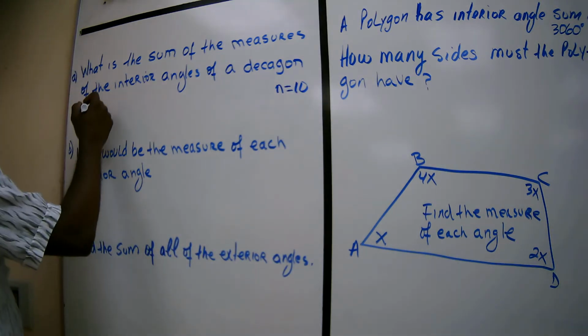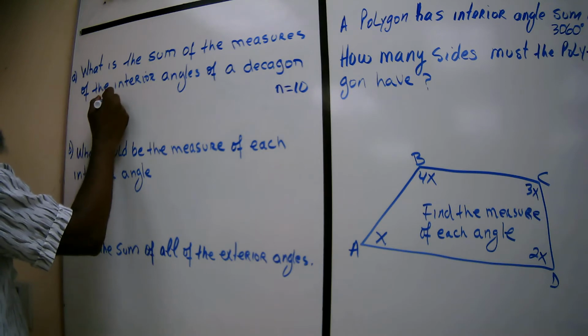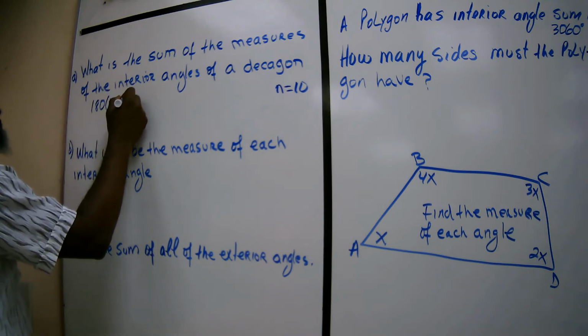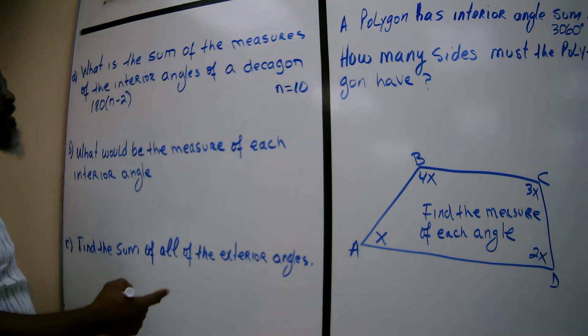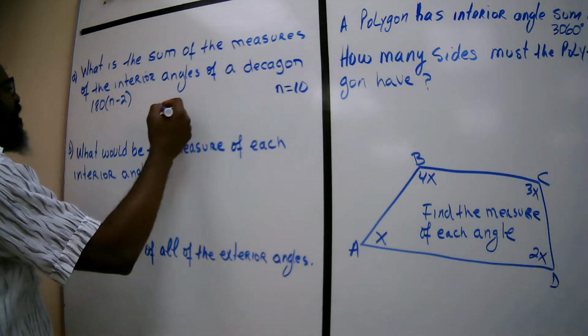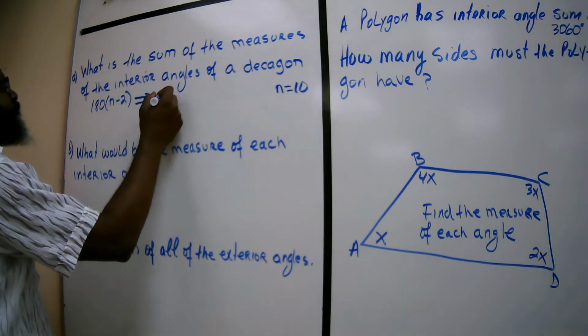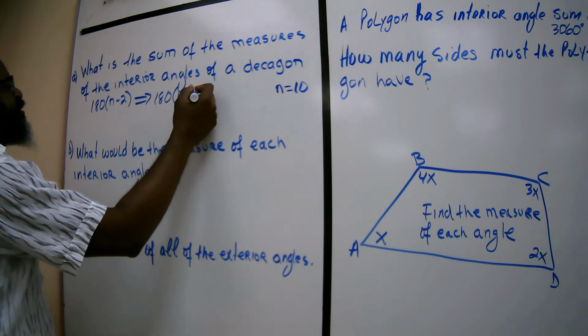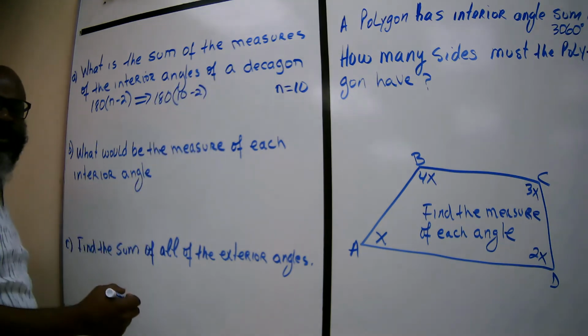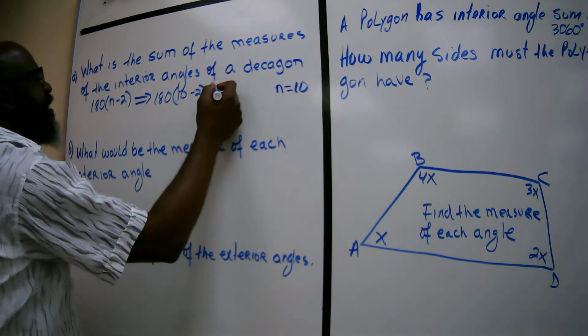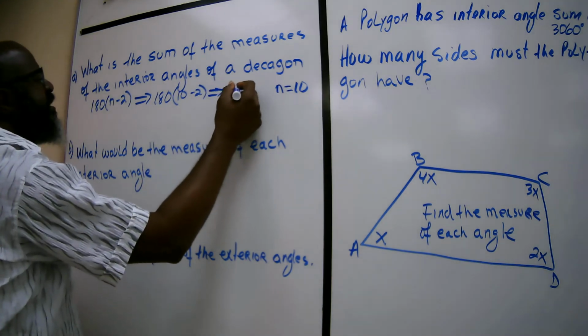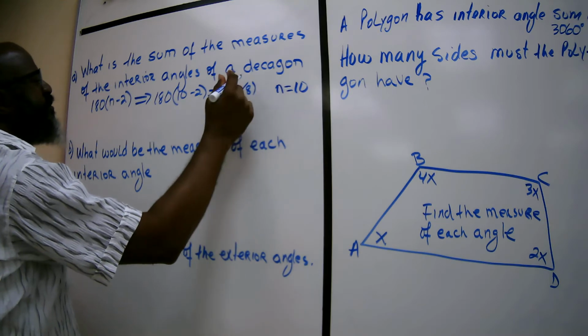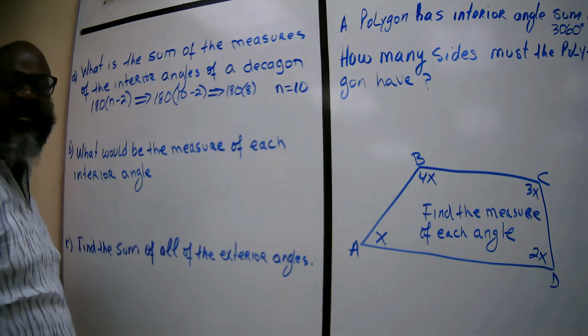So I will use the formula 180 times n minus 2, that will give me the sum. Here n is 10, so I will have 180 times, open parenthesis, 10 minus 2. So 180 times 8, that will give me the sum of the interior angles.